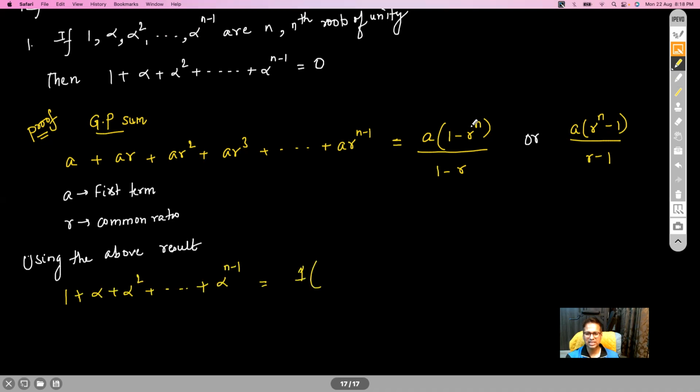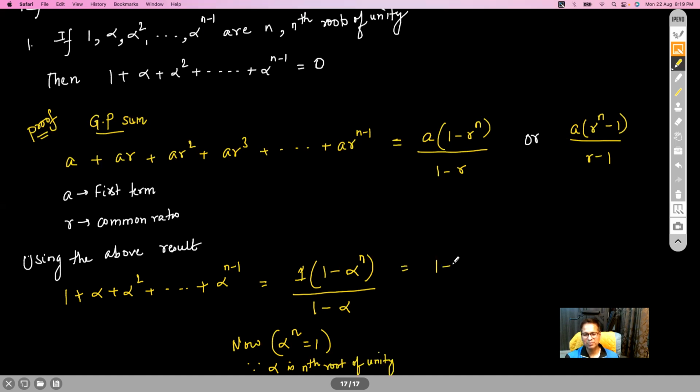I'm using the first expression: 1 minus, common ratio is alpha, n is the number of terms, which is n itself, divided by 1 minus alpha. Now remember here, since alpha is an nth root of unity, alpha to the power n is 1. So this is going to be 1 minus 1.